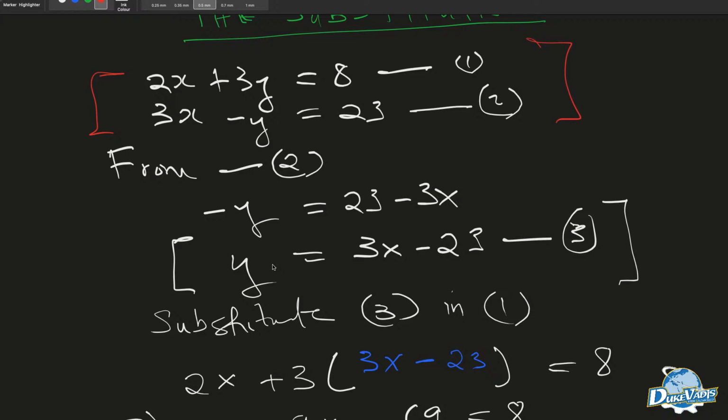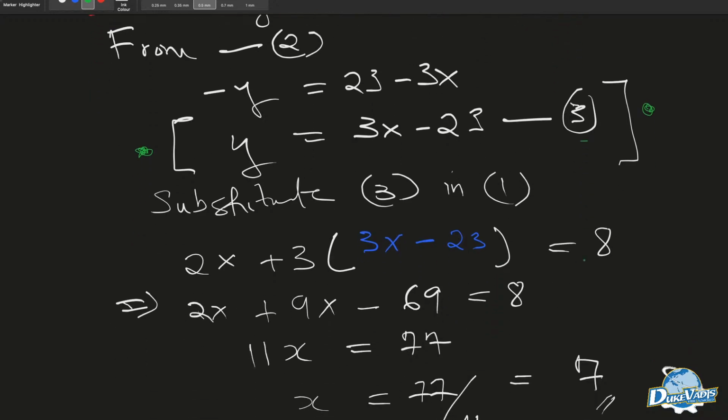Then we came down here and made this the subject, so we said this is equation 3. Then we substituted equation 3 in equation 1, and our equation 1, we know, is 2x plus 3 times y, because this y that we see over here is what we have over here.